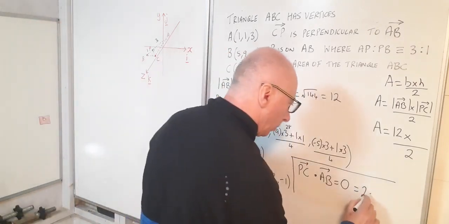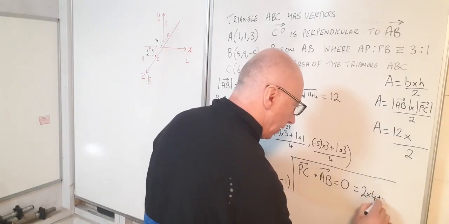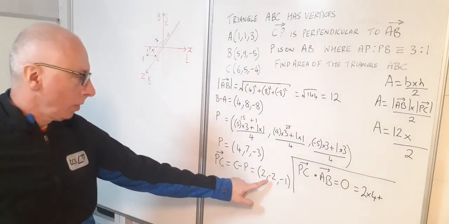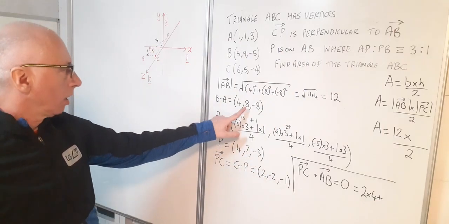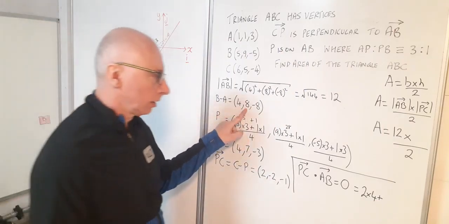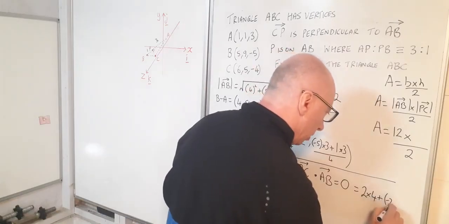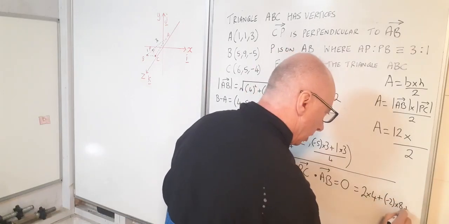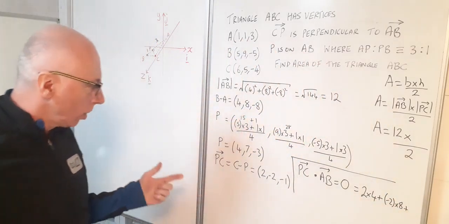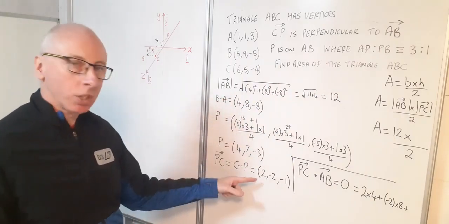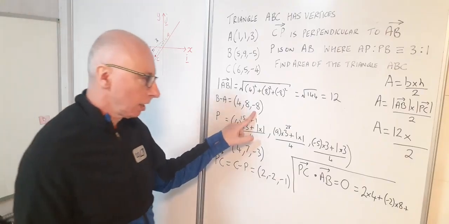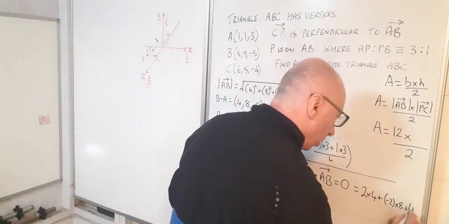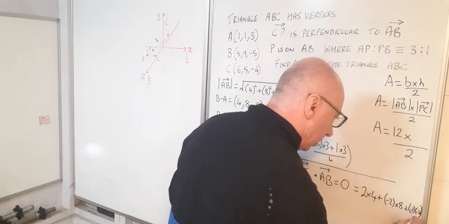So 2 times 4, and then add minus 2 times 8. It's kind of tricky here. You've got to keep looking at the different vectors and remember which one you're actually looking at. Then we've got minus 1 times minus 8.